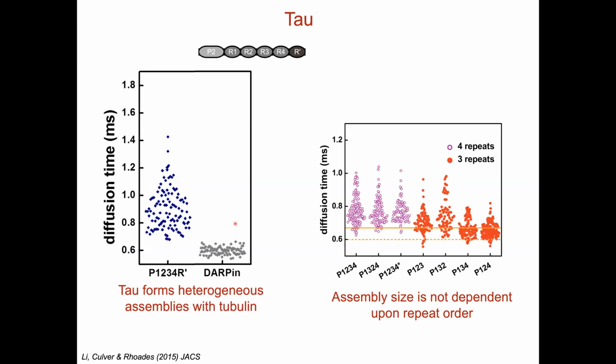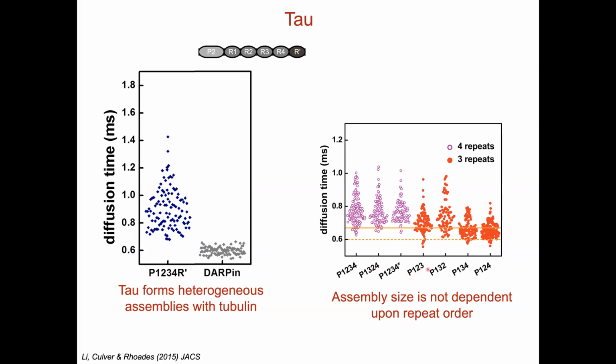All right, so what Xiaohan was interested in doing was understanding how the various repeats impacted the size of these assemblies that we're forming. So we have two color-coded sets of data here. This pink data is any construct that has all 4 of the microtubule binding repeats. And then this red data has 3 of the 4 microtubule binding repeats.